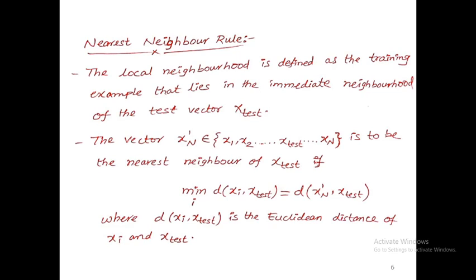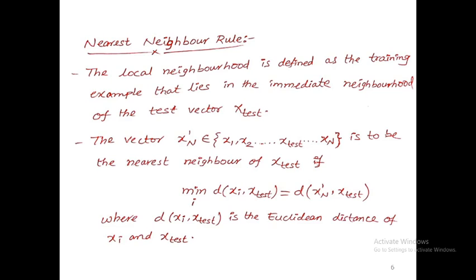So to find the minimum distance, minimum d of xi comma x test, where i is equal to 1 to n, is equal to d of xn dash comma x test. What we do is substitute i equal to 1 to n and calculate the distance.